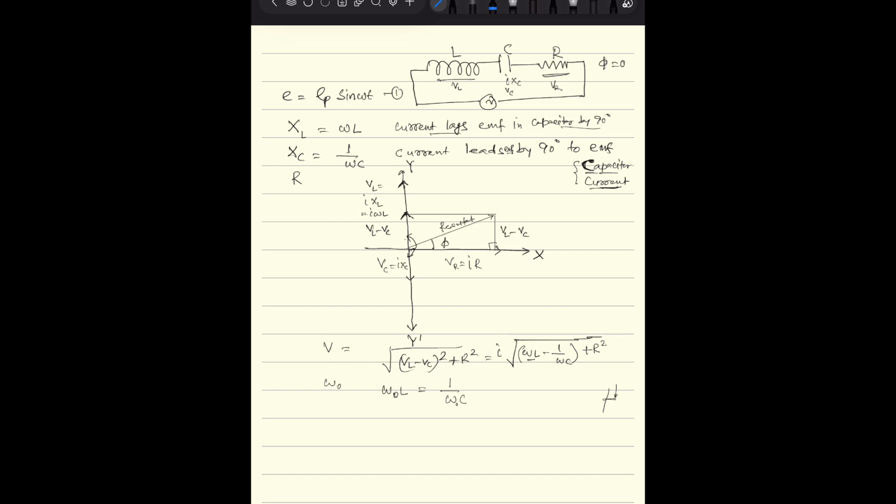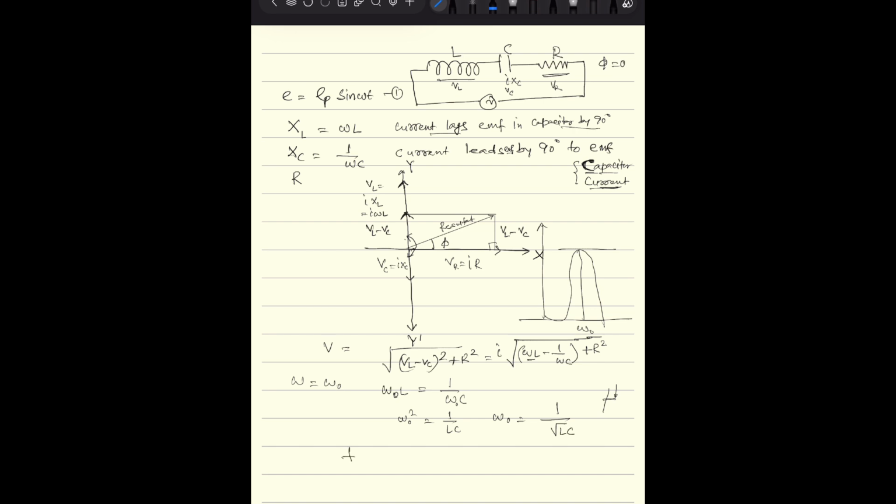Actually omega L is equal to 1 by omega C. At omega equal to omega 0, resonance occurs, and the current in the circuit is maximum. Plot the current along the y-axis. So omega 0 square is equal to 1 by LC, so omega 0 is equal to 1 by root over LC.